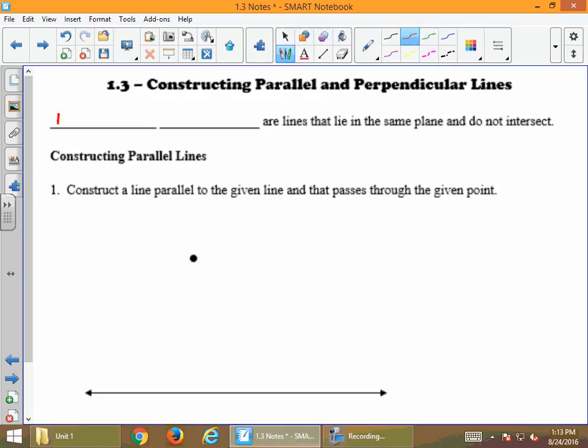So the first one, this is parallel lines. Perpendicular lines, excuse me. Oh, that's right. Parallel. I'm right. You were right. Parallel lines.